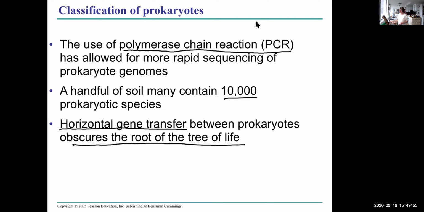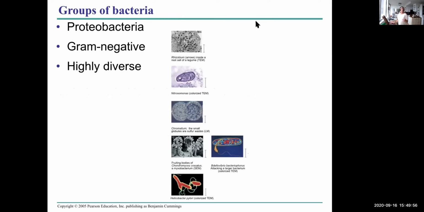These are some of the groups: Proteobacteria, gram-negative bacteria. They're very diverse. Here's a Proteobacteria called Rhizobium. It lives inside the roots of trees, and it fixes nitrogen, which is very useful for the tree.